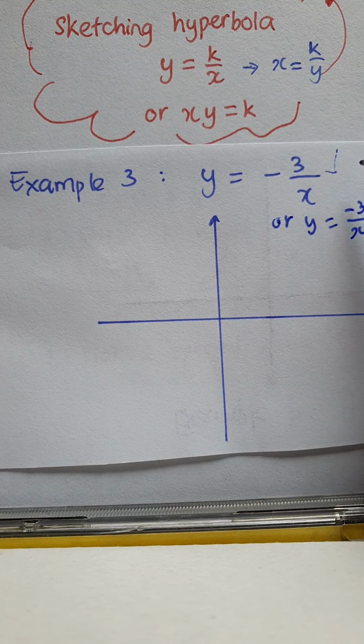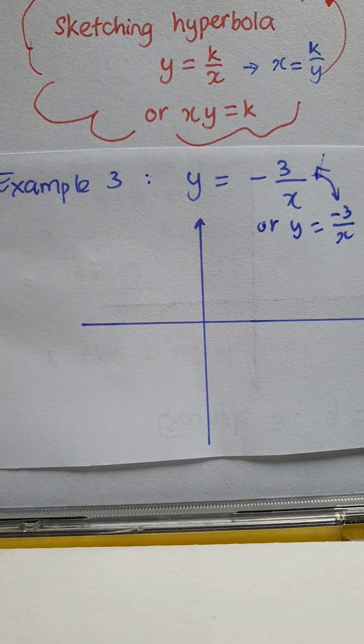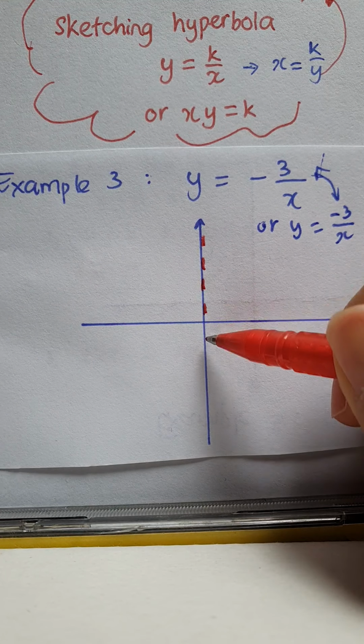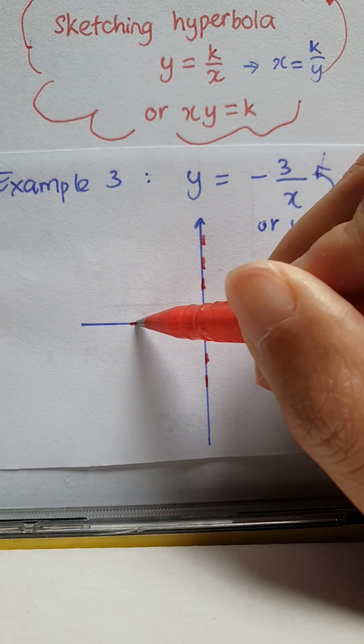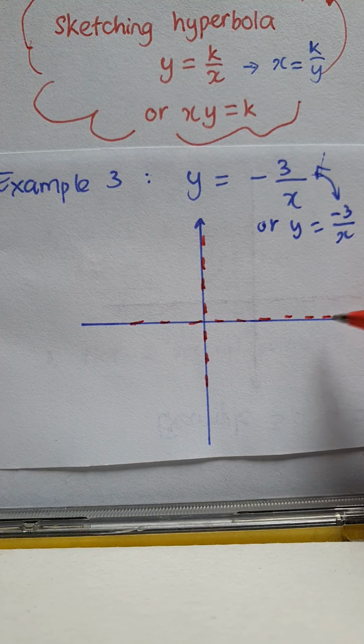Same thing. First thing to do, it has the same asymptotes as any other hyperbola in this form, so the x and y axes. Clearly label your asymptotes with a broken line.